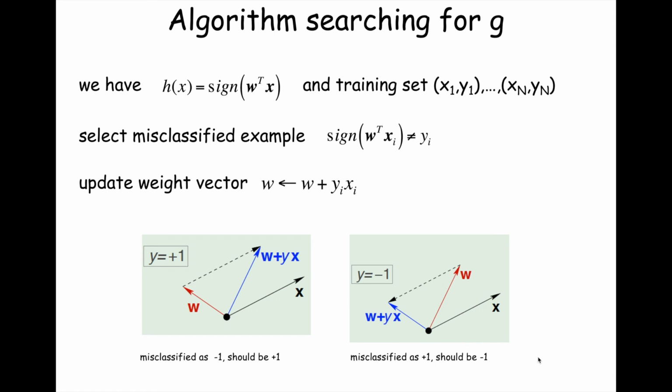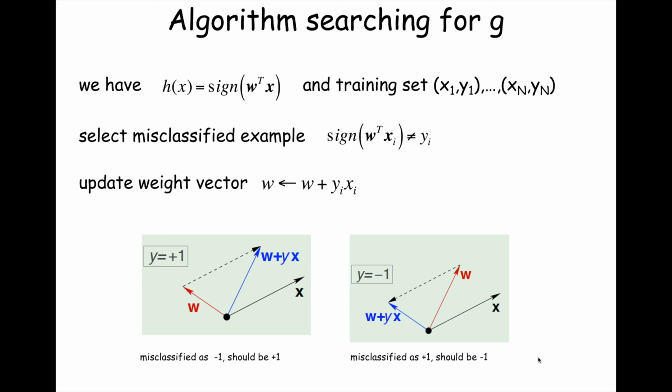You can imagine drawing that ray completely left to right diagonally. If you project it down, it's on the minus side of that X vector. So sign of W transpose X is going to be negative. So that means H of X for this X is going to say the output is -1, but ground truth, the Y value is +1.